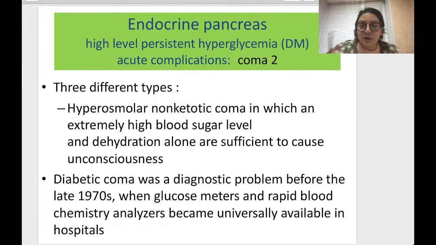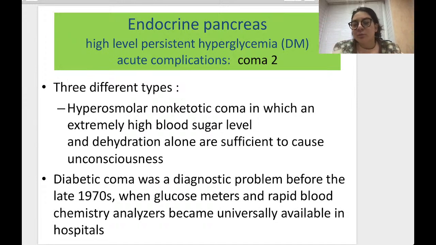That's why we have three main situations with diabetic coma. First, two of them with hyperglycemia, both situations we discussed, ketoacidosis and hyperosmolar non-ketotic state, and the third one is hypoglycemic coma, when the level of glycemia is extremely low.